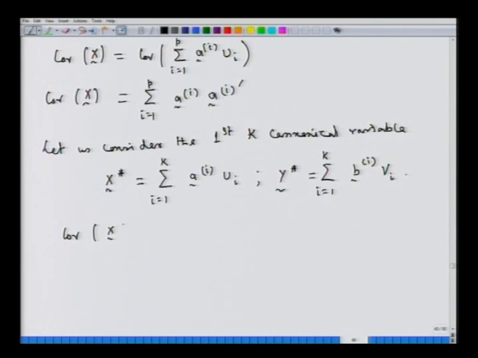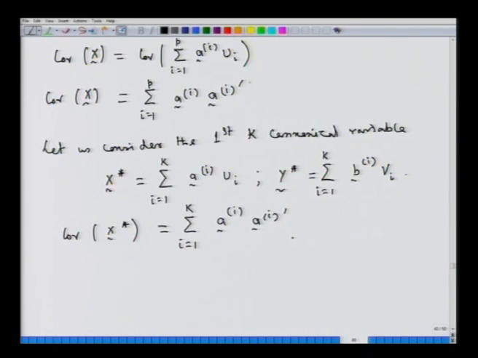The last thing in this lecture is what is the covariance of this x star vector. By similar logic, it is going to be equal to the summation i equal to 1 to k of a_i a_i transpose.